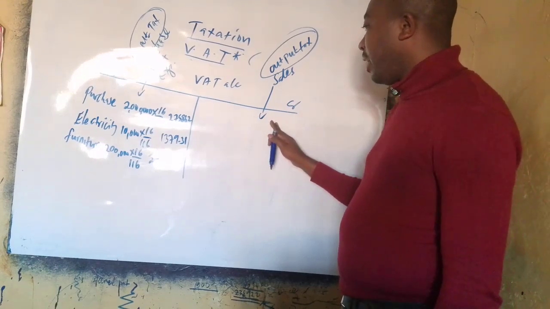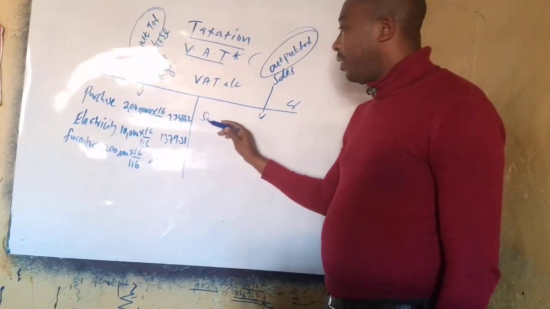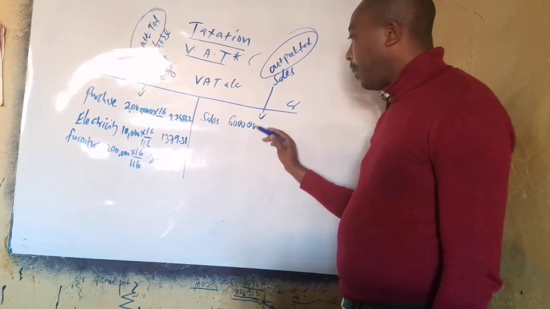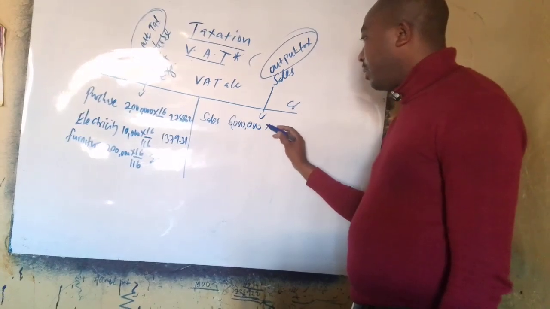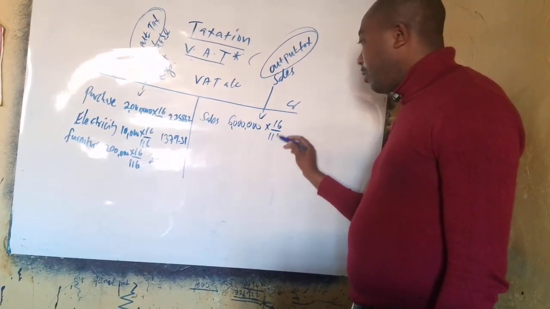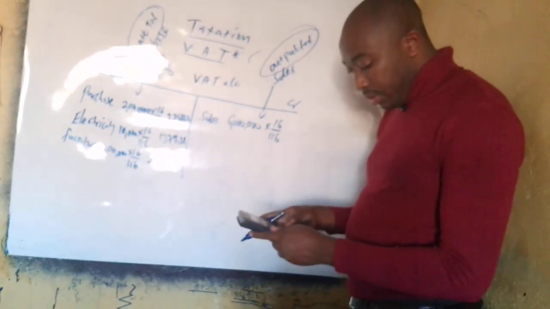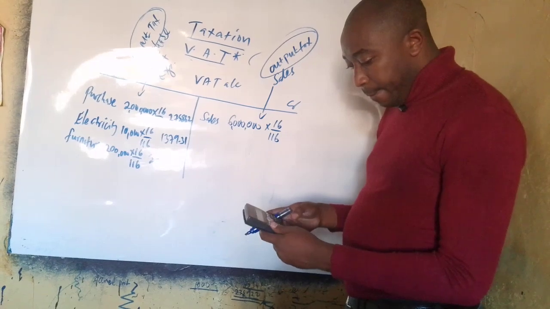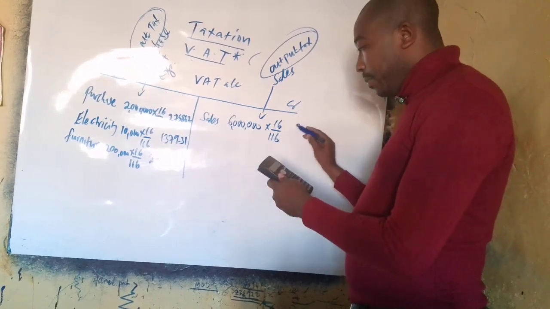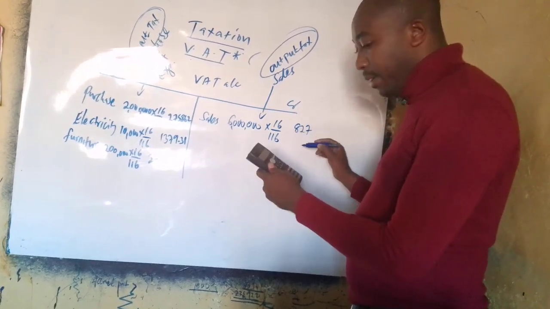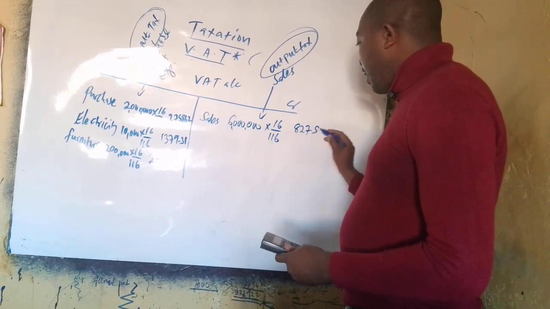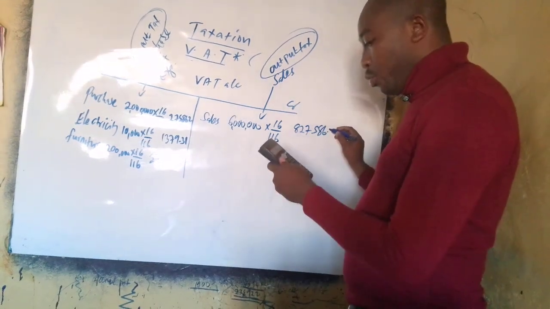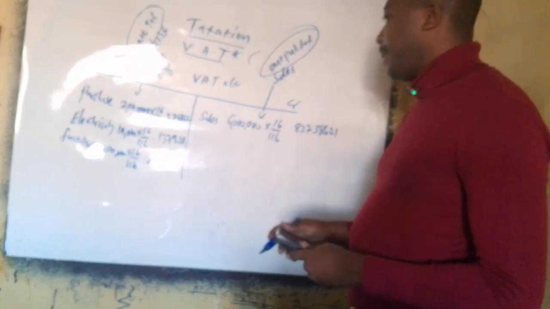Let me come on this side. Let's say we have sales worth 6 million. I come here and record sales. 6 million times 16 over 116. We get 827,586.21.